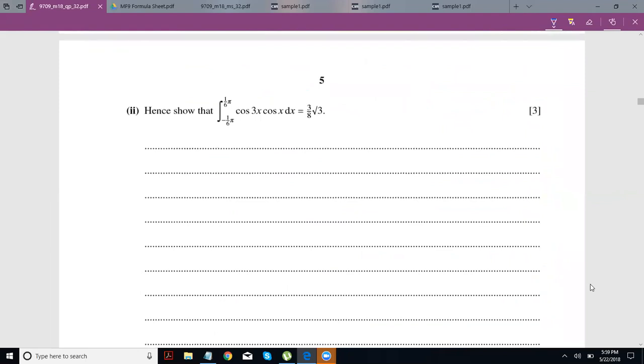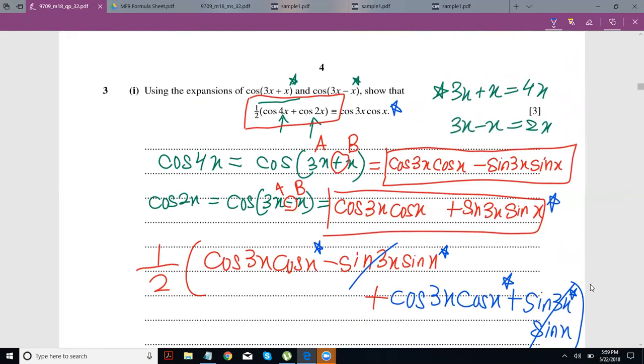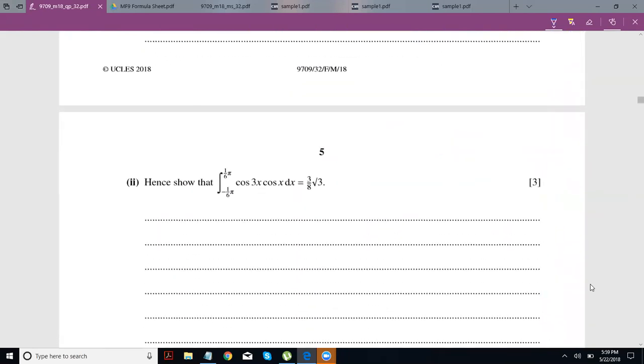Hence, show that the integral for these specific limits of cos 3x cos x dx is equal to this. Now, if 1 upon 2 cos 4x plus cos 2x is equal to cos 3x cos x, then cos 3x cos x can be equal to that. You can go right hand side to left hand side as well, right?